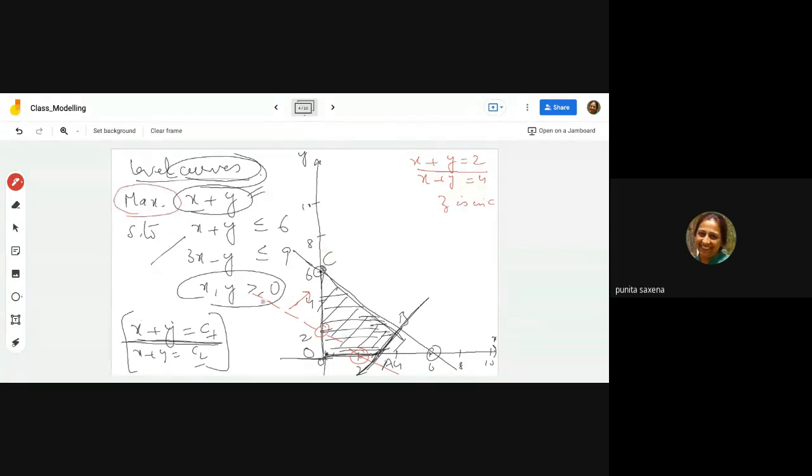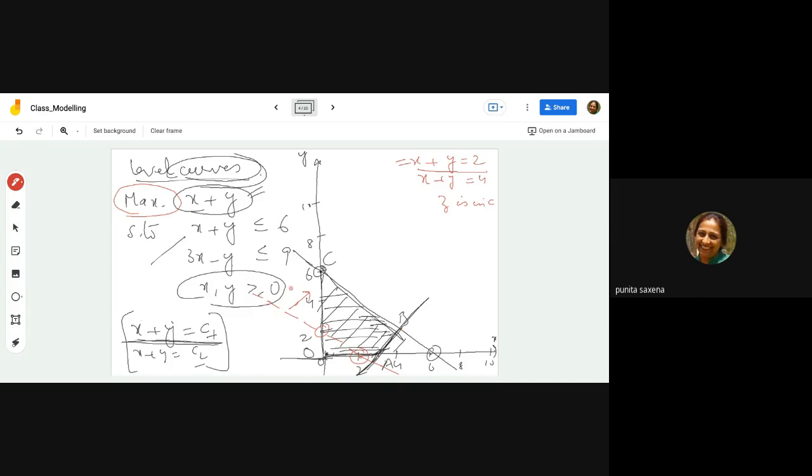Now, though the line x plus y equal to 2 lies in the feasible region, it's not giving me the maximum value, because I know that the optimum value will lie at one of the extreme points only.